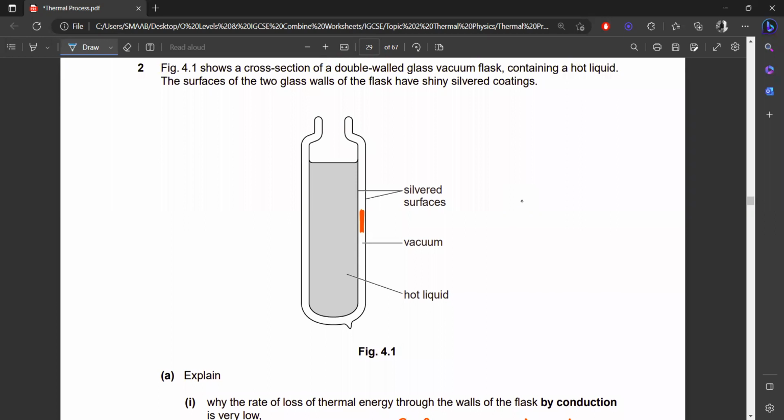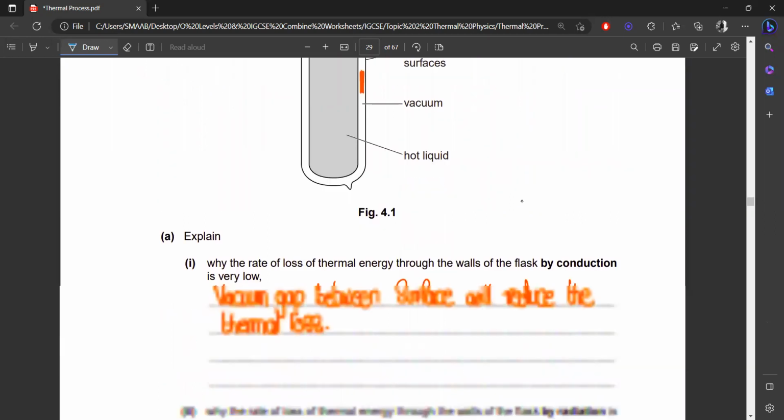So heat will be lost very quickly to the atmosphere.